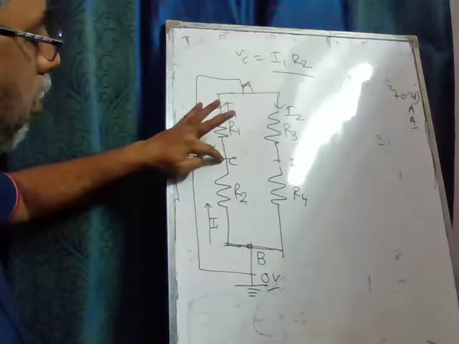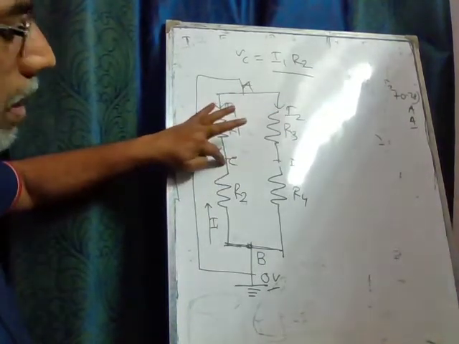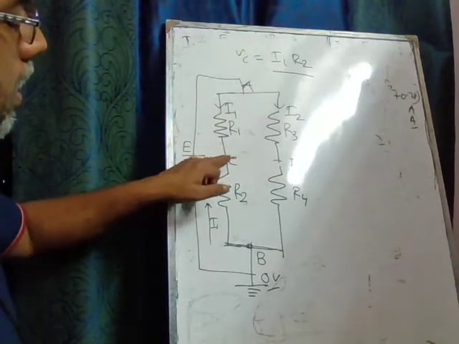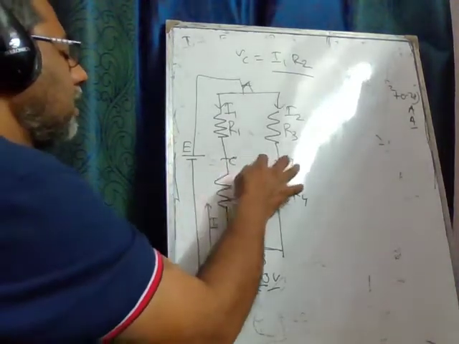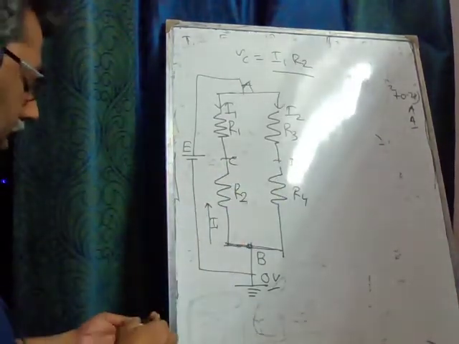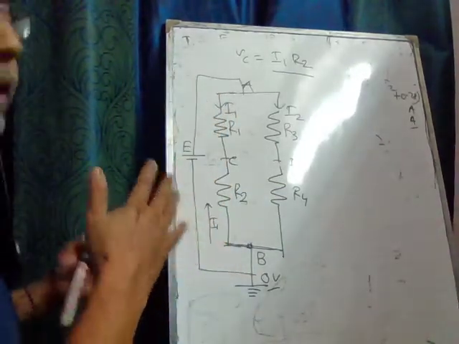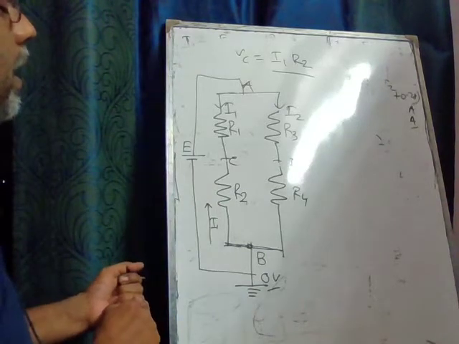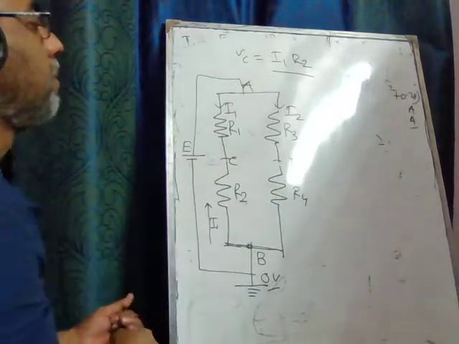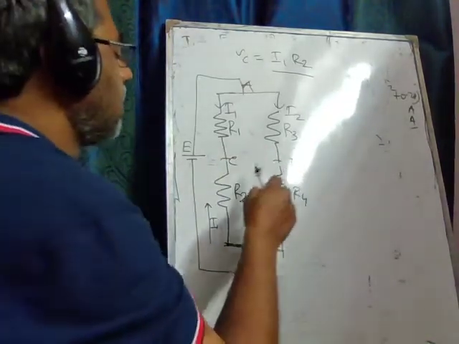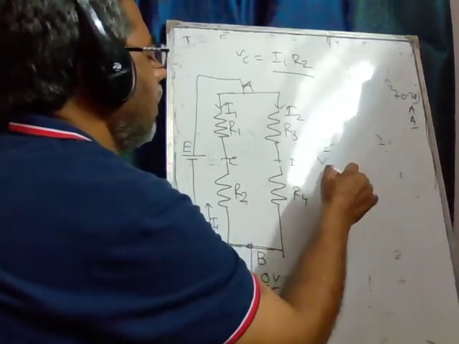Then we compare whether the potentials of C and D are the same. If it is the same, then these two points will be balanced, and whether there is a resistance connected between C and D or not, no current will flow. In that case, we will get a balanced bridge. So in case of a balanced bridge, the potential of the points C and D must be equal, which means VC equals VD.